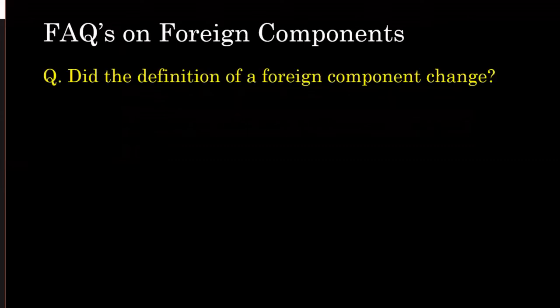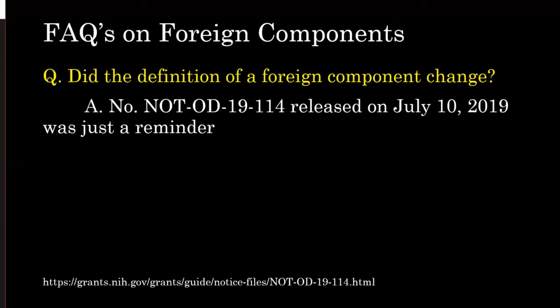So here are some frequently asked questions for foreign components. Did the definition of a foreign component change? No, it was re-released in July 2019 and it was just a reminder. This policy has been the policy for well over 15 years.